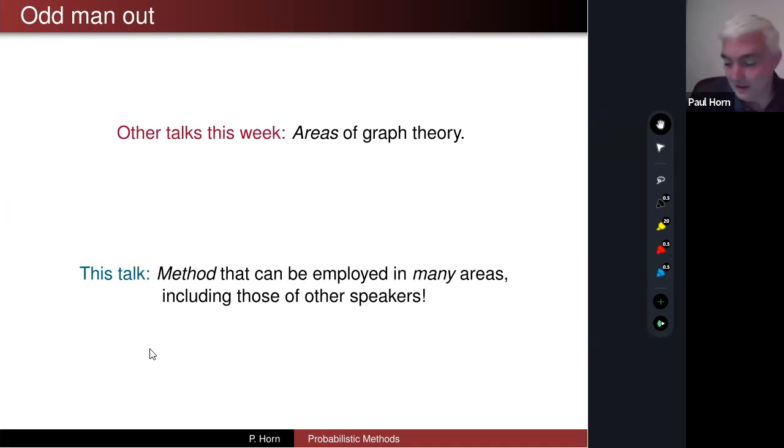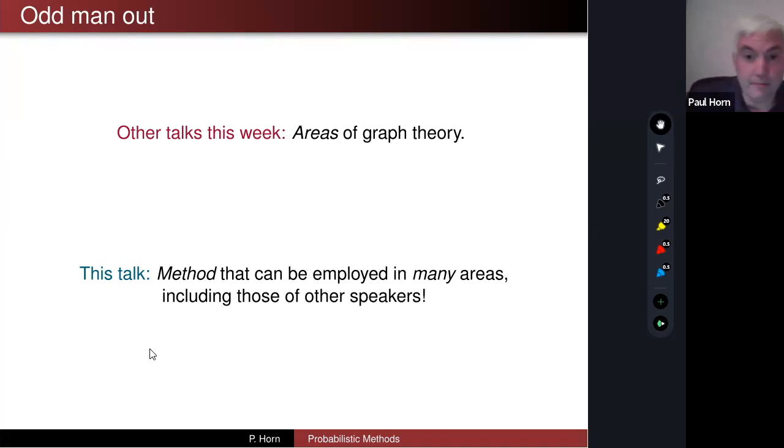And in fact, both speakers so far have alluded to results where the proofs are probabilistic. And I'll try and highlight that as we go through this.